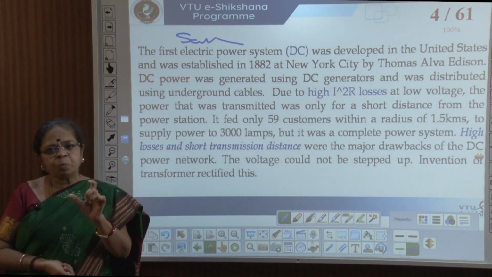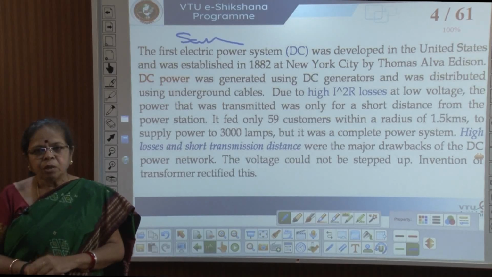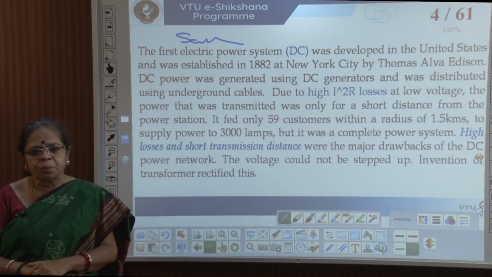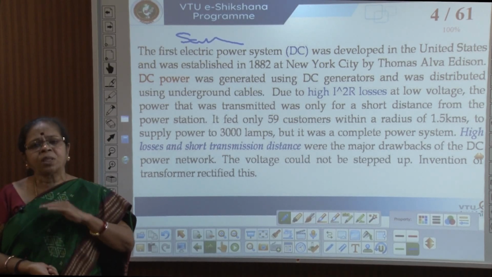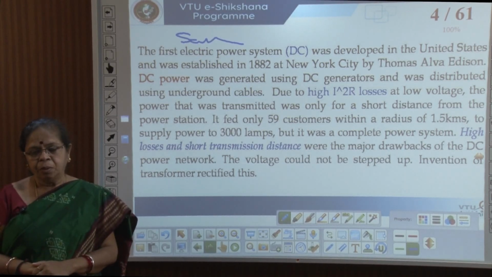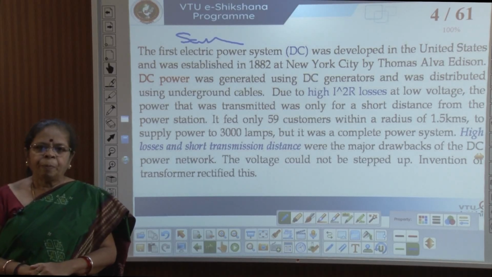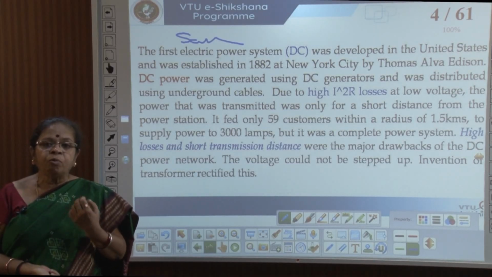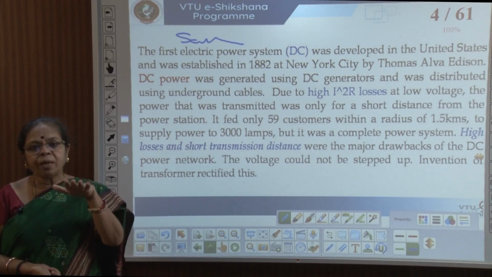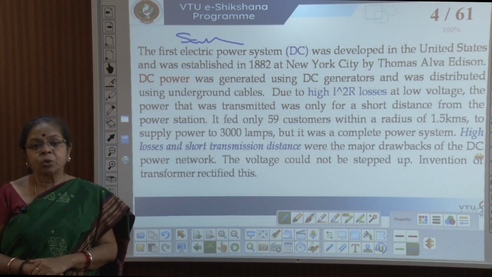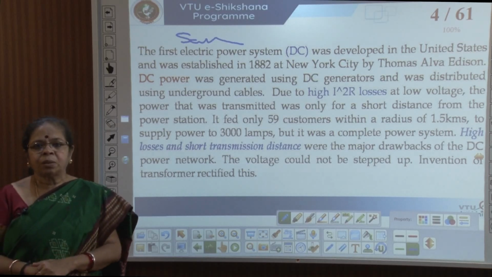When the first power system was established, two major drawbacks were observed. One was the high losses, and because of the high losses, the short distance. Obviously, for this technology to evolve on a larger scale, we need to bring down the losses so that I can transmit power over longer distances.